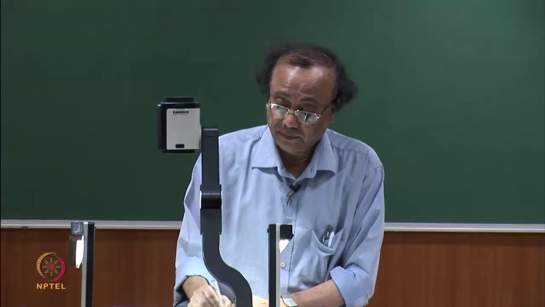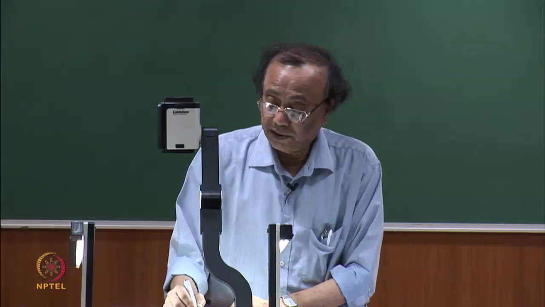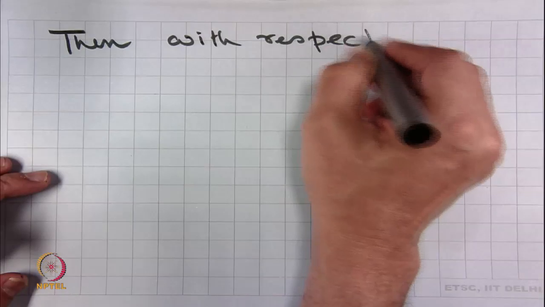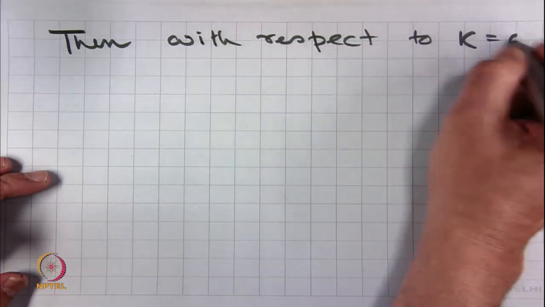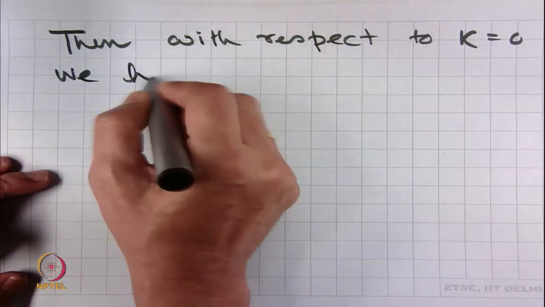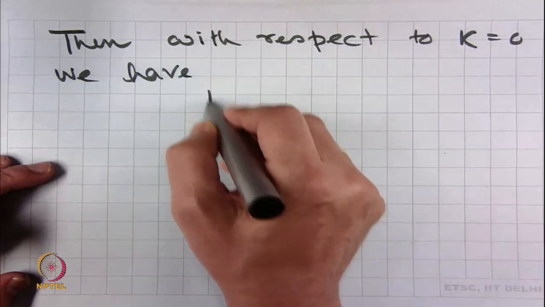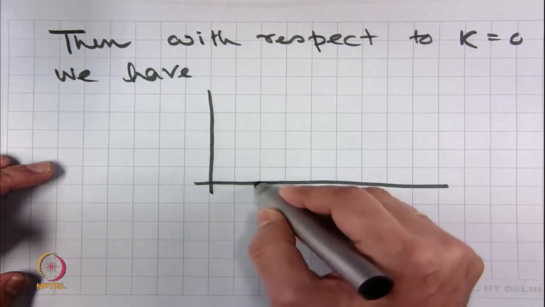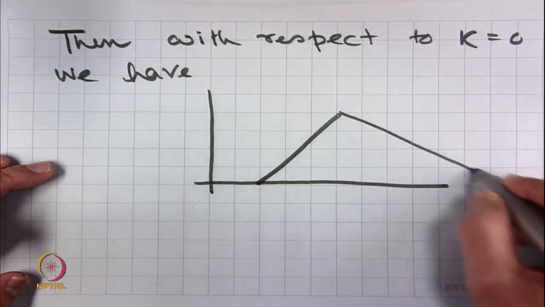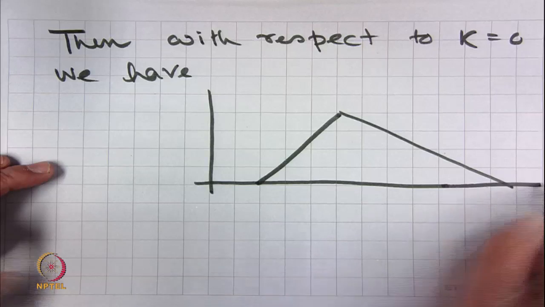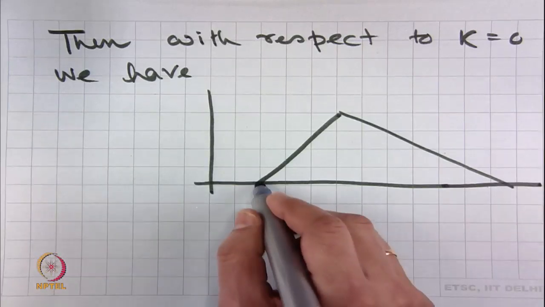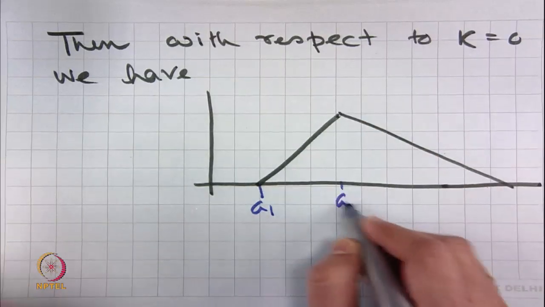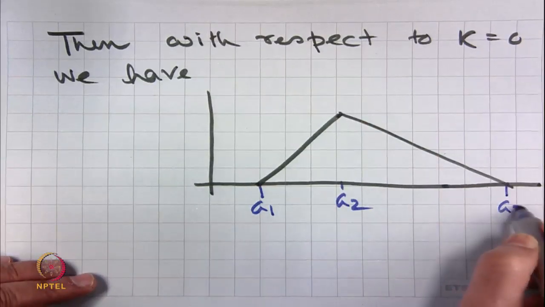Then with respect to k equal to 0, we have A1, A2, A3.